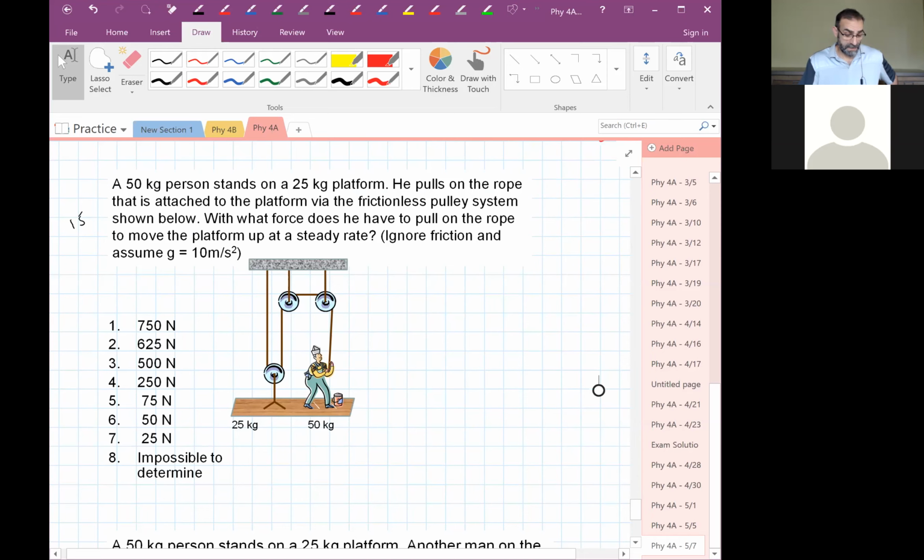A 50-kilogram person stands on a 25-kilogram platform, pulling the rope attached to the platform using the pulley system shown. What force does he have to pull with to move the platform up at a steady rate? Use g equals 10.